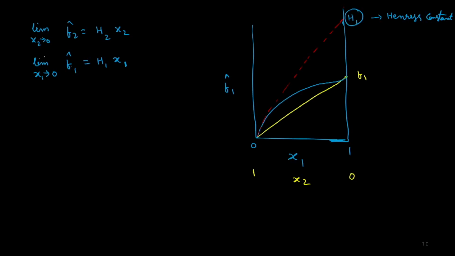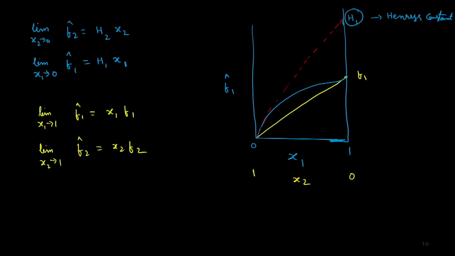These are the two limits at the compositions going to 0. The other two limits we have seen are at the compositions going to 1. Limit as x1 goes to 1, f1 hat will be an ideal solution, so it will be x1 times f1. Similarly, limit as x2 goes to 1, f2 hat will be equal to x2 times f2.